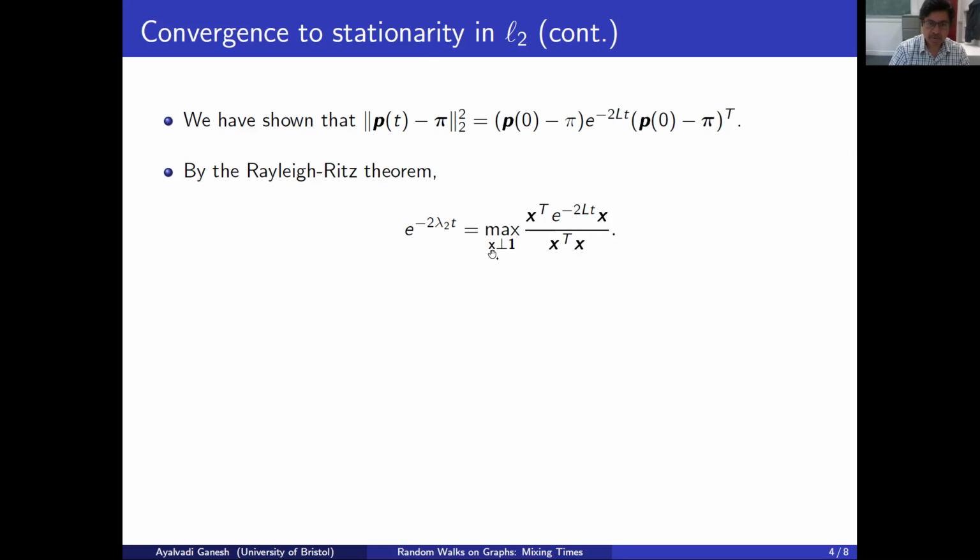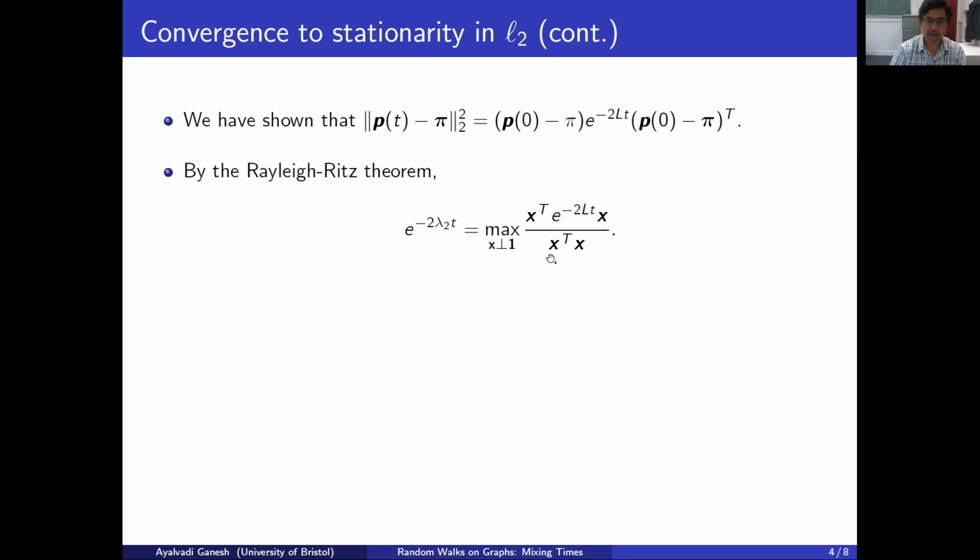So if you look at vectors in its orthogonal complement, then the maximum value of this Rayleigh quotient is the second biggest eigenvalue of e to the minus 2Lt, and that is e to the minus 2 lambda 2 t. Okay, so that's what the Rayleigh theorem tells us.